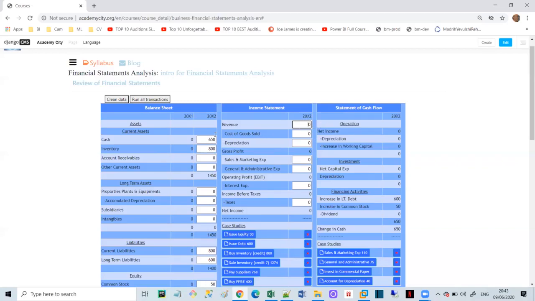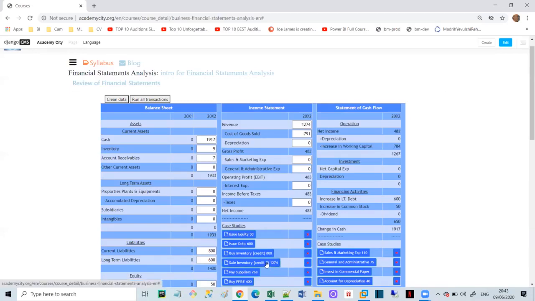Some of the revenue I collect is cash, some of it I give as credit, and the inventory is going to go down by the amount that I sold, whatever it cost me. So on one hand, one asset went down by 791, and those two together went up by 1274.